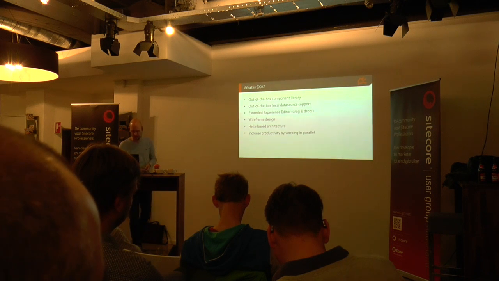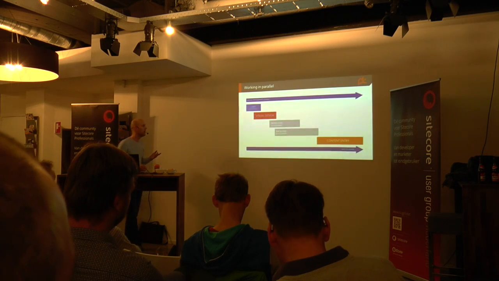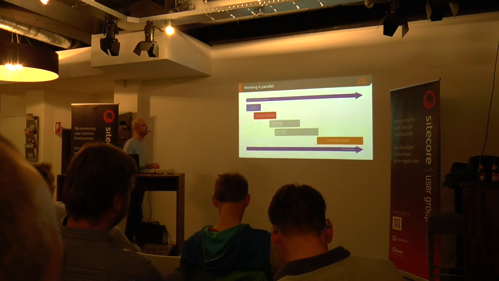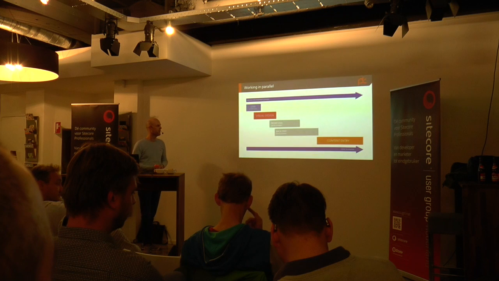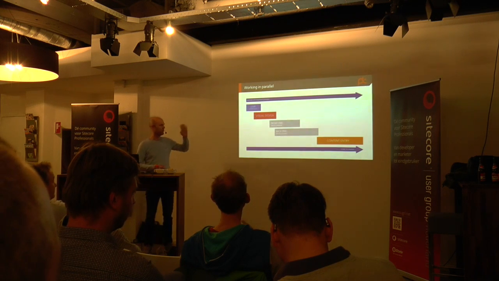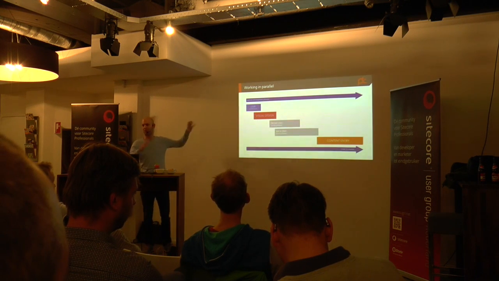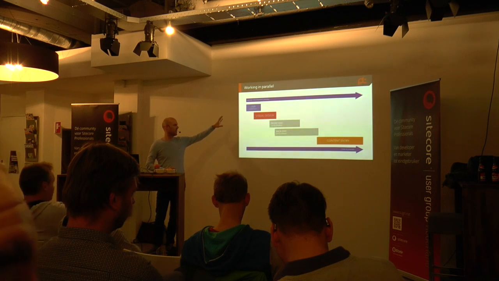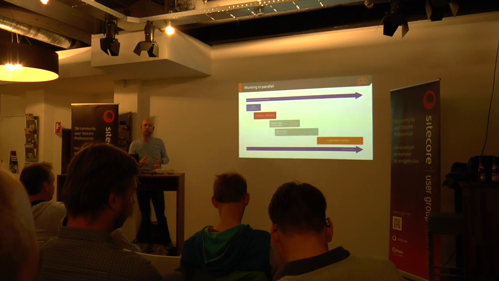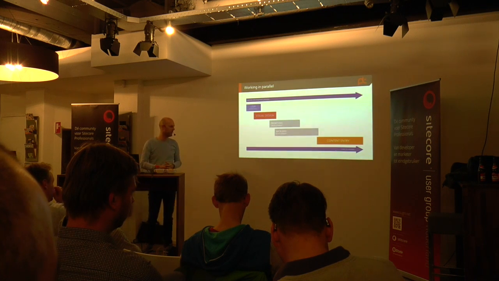And what I mean by that is if you look at a regular development process, the way we did it before SXA, and this is simplified of course, there's a lot more to it, you would start thinking about the user experience. Once that's halfway, you can start making a visual design for that.